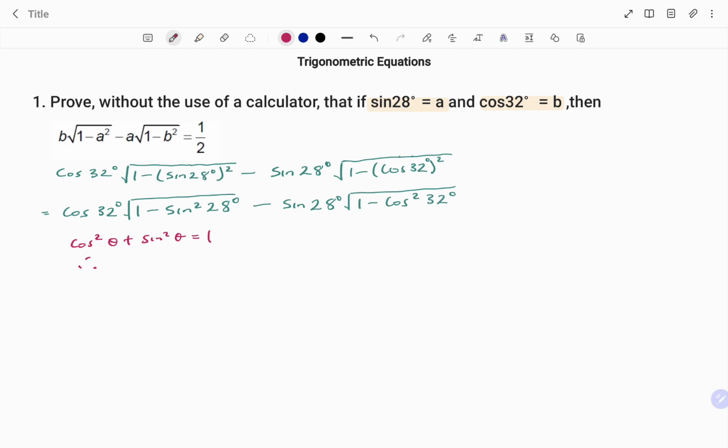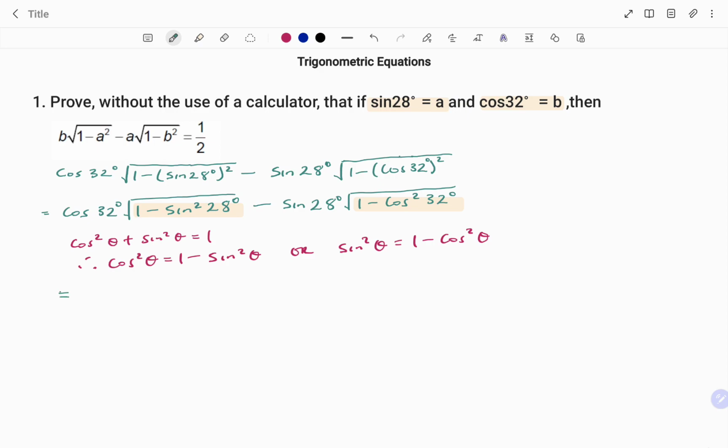Therefore, I can either have cos squared theta equals 1 minus sine squared theta, or I have sine squared theta equals 1 minus cos squared theta. Therefore, I'm going to be replacing the content under my root sign accordingly, where in each case, my theta is either 28 degrees or 32 degrees.